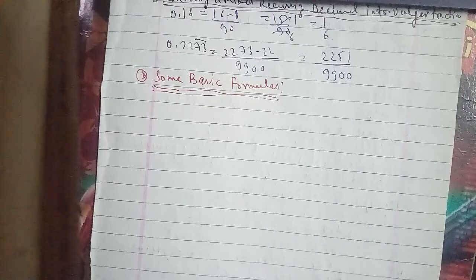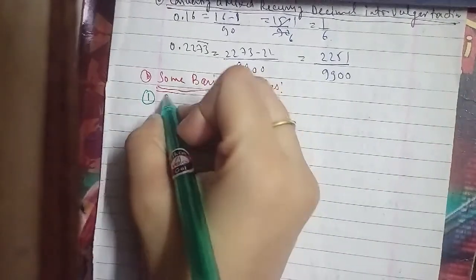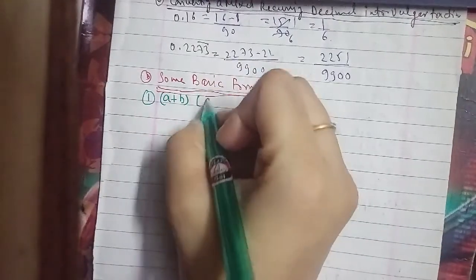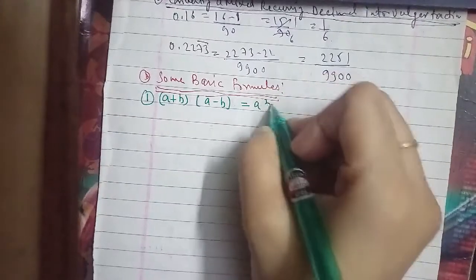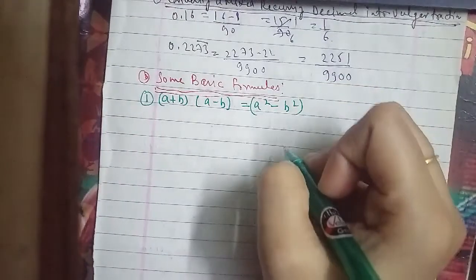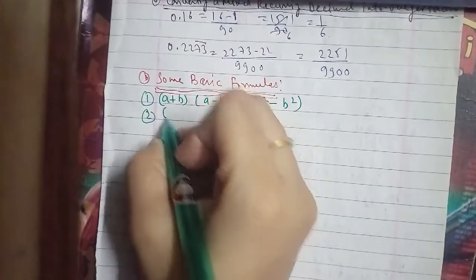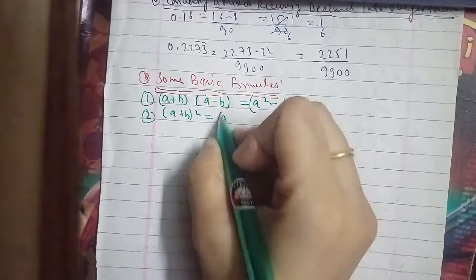The first formula is a plus b times a minus b equals a square minus b square. The second formula: a plus b whole square equals a square plus b square plus 2ab.